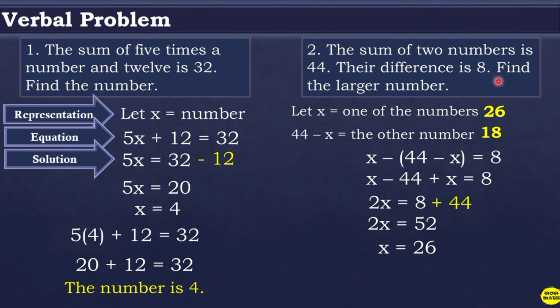Ngayon, ang tinatanong, ay ito pa, tingnan natin kung tama. Their difference is 8. 26 minus 18, 8. Okay, so tama rin. Ang question, find the larger number. So, which one is larger? Okay, so that is 26. Therefore, the answer is 26.